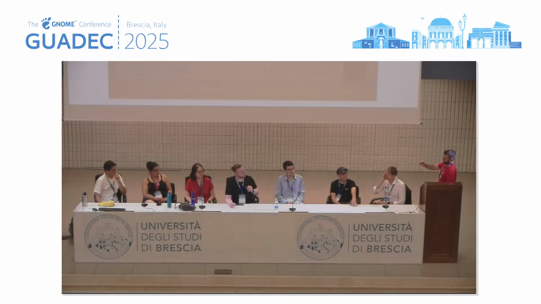Mm-hmm. But let me add a question about the social part of my initial question. You mentioned Matrix channels, Discourse, Reddit. I am going to add Stack Overflow and so on. GNOME is a large community, so it's quite easy to find someone on every platform.